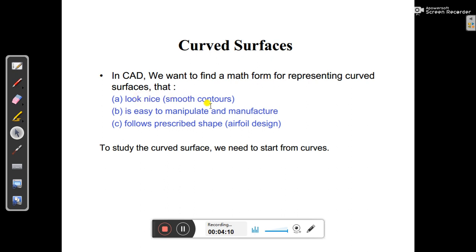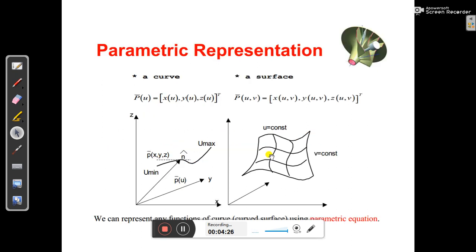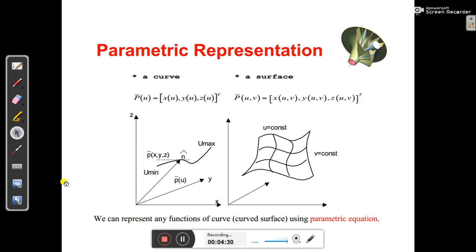We can provide smooth contours, and it makes it easy to manipulate and manufacture. It also follows a prescribed shape, like airfoil design. To study a curved surface, we need to start from curves. There are various ways to represent curves. First, we start with parametric representations.